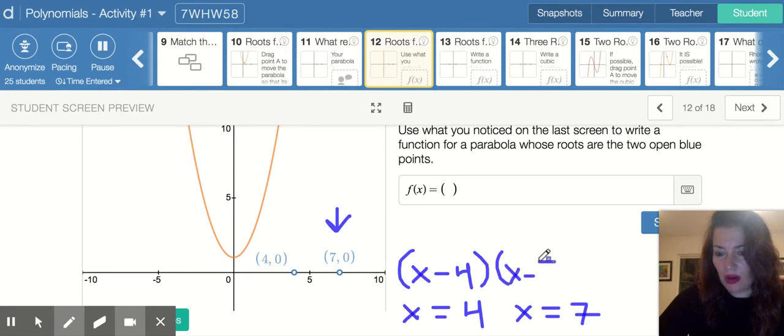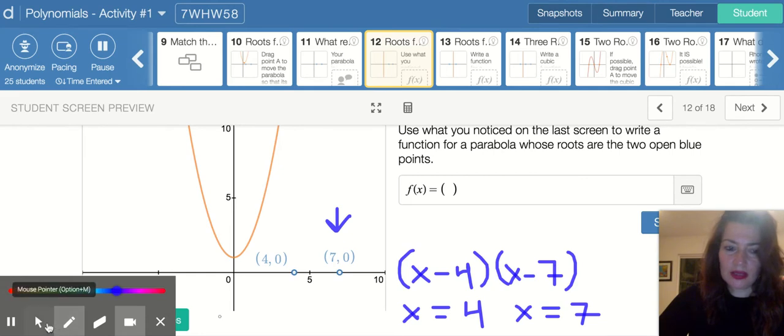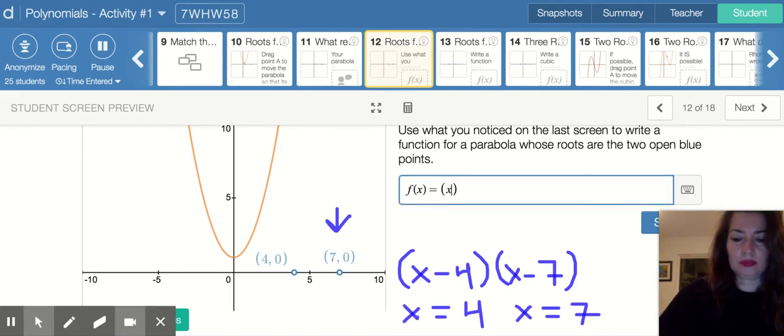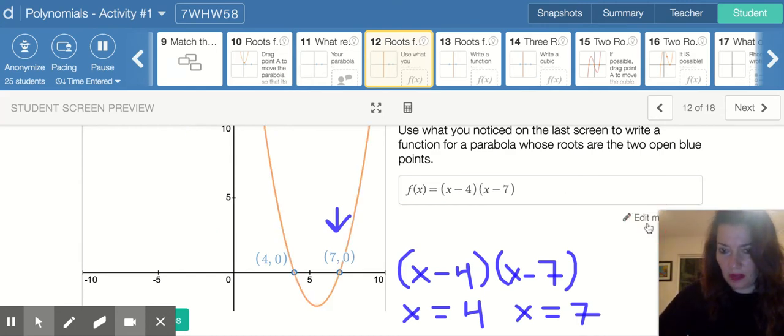So we can write our two factors as x minus 4 times x minus 7. Now, if you do it correctly and press submit right here, then the graph should overlap those x-intercepts.